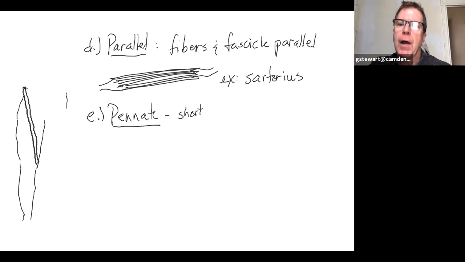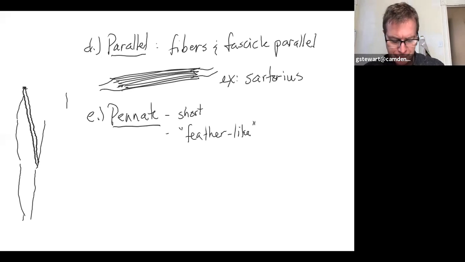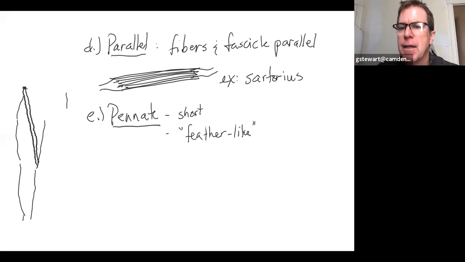I also describe to students, because it helps me remember this as well, they tend to be feather-like in their appearance, not so much in their function, obviously, but in their appearance. So there's a tendon that extends the length of the muscle in these.